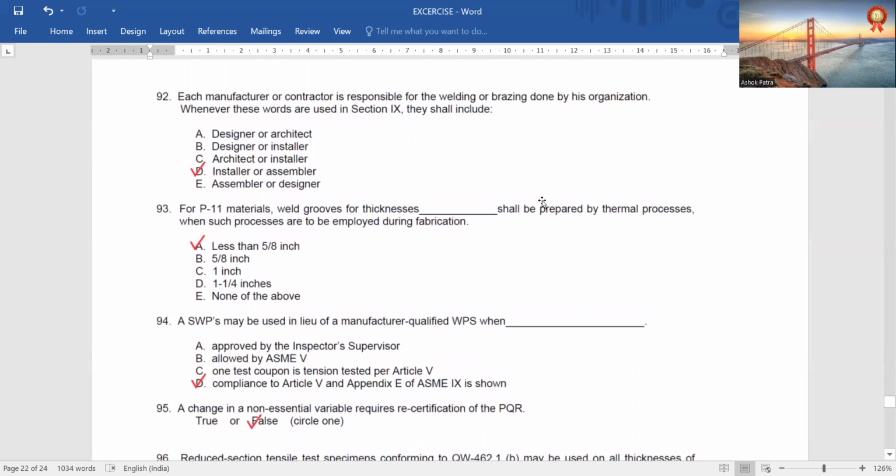Each manufacturer or contractor is responsible for the welding or brazing done by the organization. Whenever these words are used in Section 9, this shall include installer and assembler.